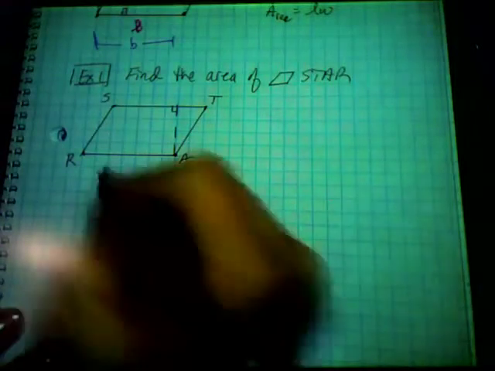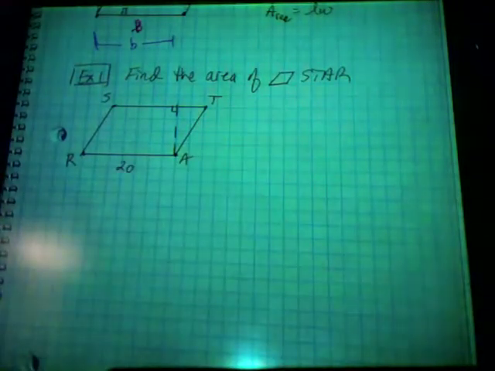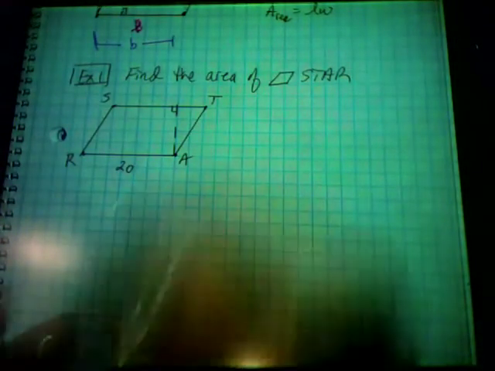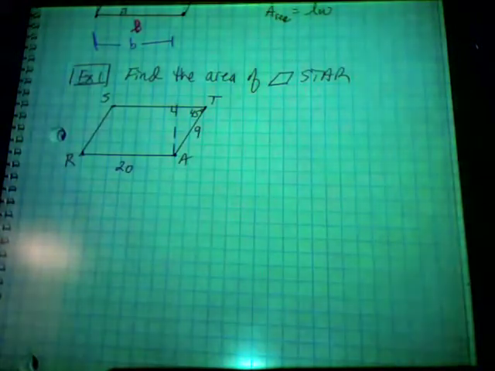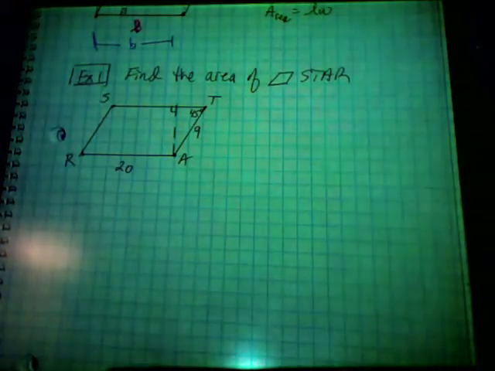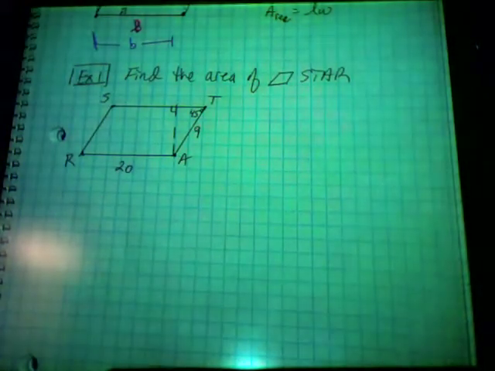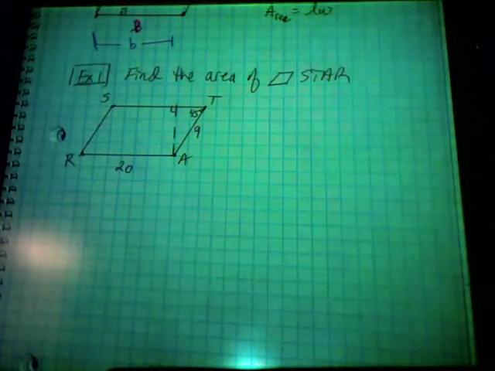And so all you've been given is that RA is 20, and that this is a 45-degree angle here, and this is 9. And you have to find the area. Do I have the base and the height of my parallelogram?